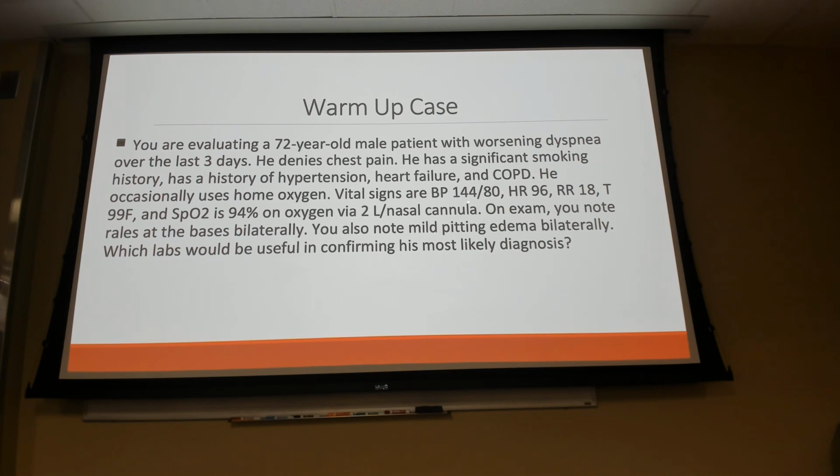Blood pressure 144/80, heart rate 96, 18 respiratory, afebrile, sitting at 94% on 2 liters. Anything about those vital signs seem unstable to you? No, there are some abnormalities, a little hypertensive, but it's not over 100, and there's nothing unstable about that.